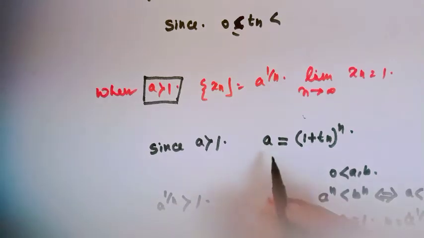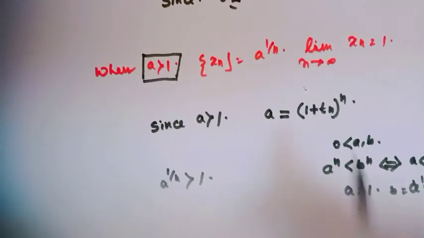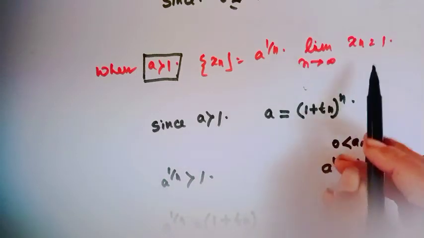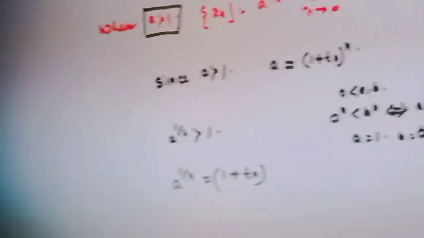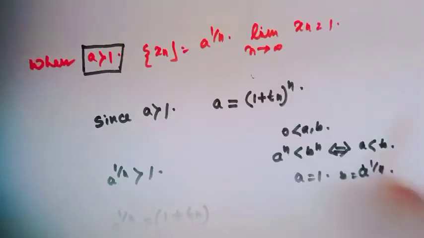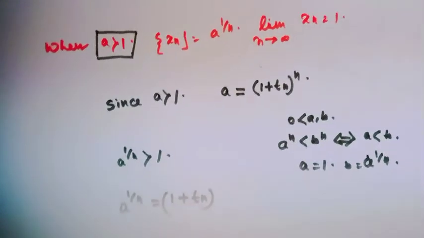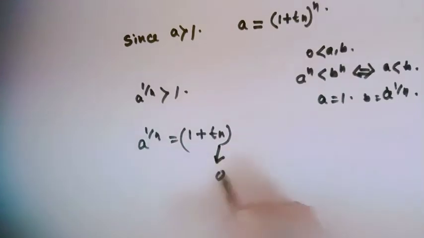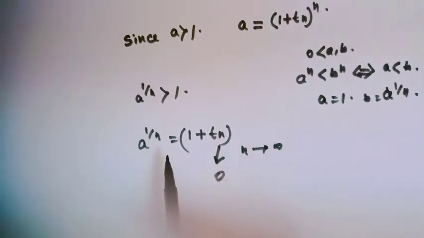Here I consider a to the power 1 over n equal to 1 plus tn, and we have to show this limiting value will be 1. That means if we prove tn approaches 0 as n tends to infinity, then this sequence a to the power 1 over n must go to 1.